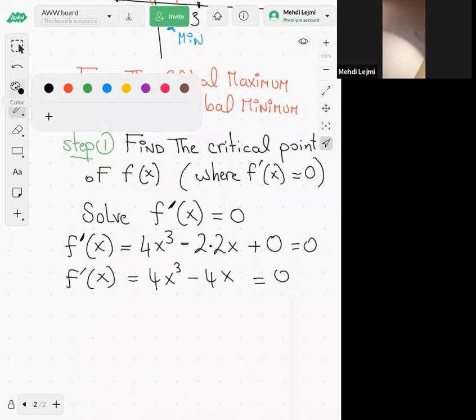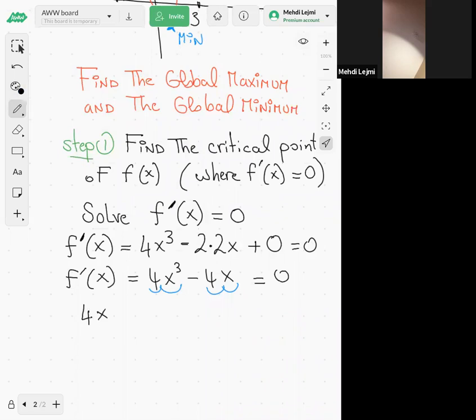X is a common factor, but better than x, it's 4x. So I can factor out 4x: 4x times (x squared minus 1) equal to 0.